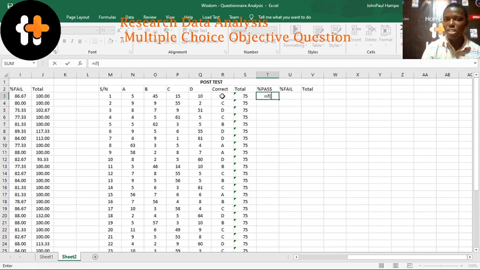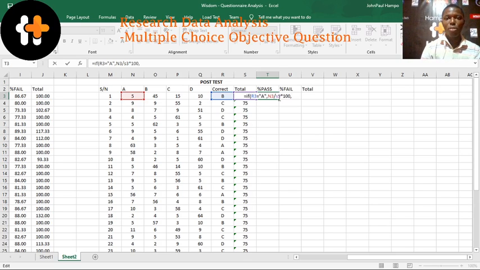We are considering if this is equal to A, then take A, divide by the cell S3, multiply by 100.